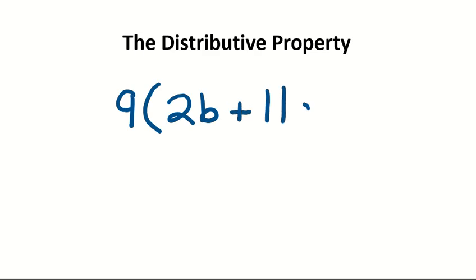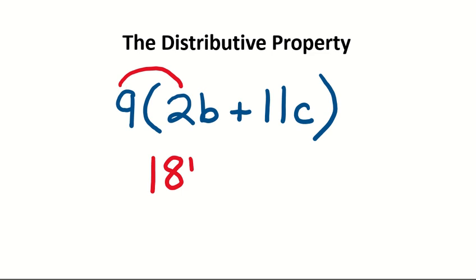What if I had something like this? I got 9 times the quantity 2b increased by 11c. Okay, so what I'm going to do is distribute this 9 by multiplying it by the coefficients. So 9 times 2 is going to be 18, and then I just put a b right next to that.